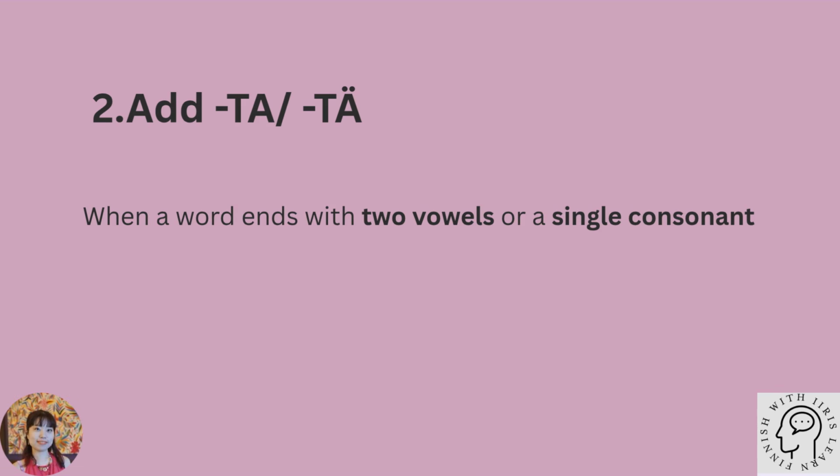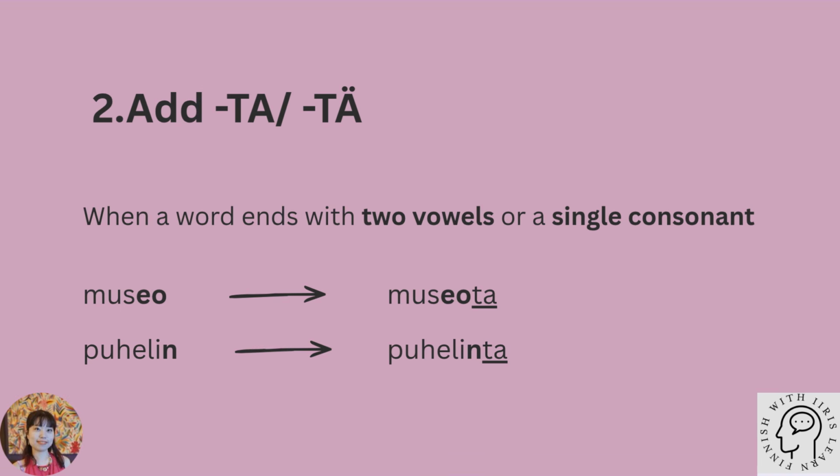For example, museo, meaning museum, ends with two vowels, E and O. So the partitive form is museota. Another example is puhelin, meaning phone, since it ends with a single consonant. The partitive form is puhelinta.